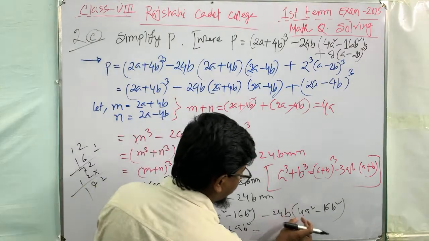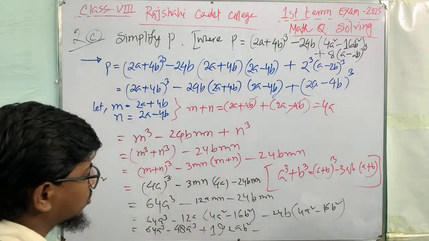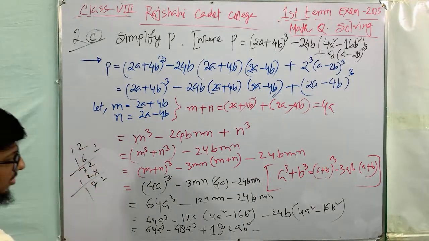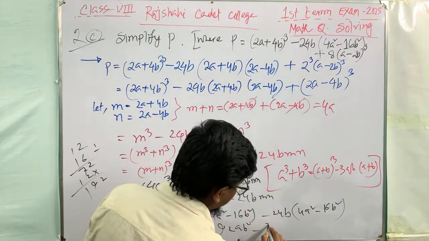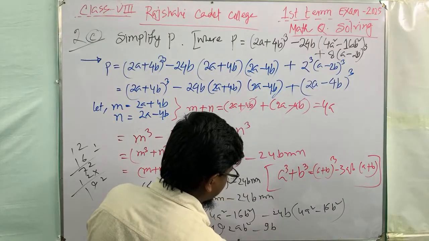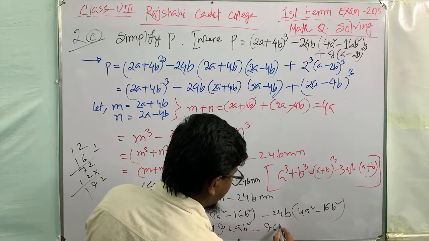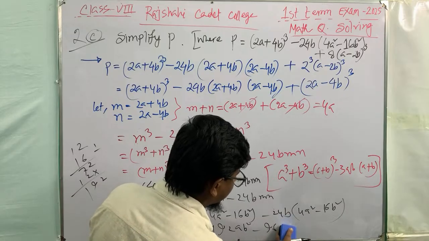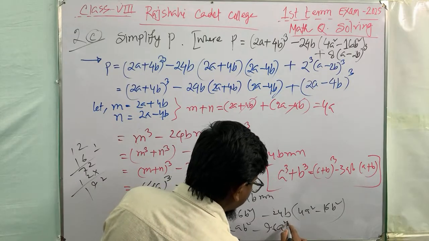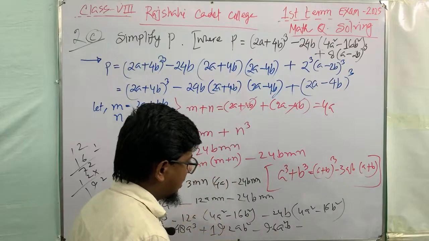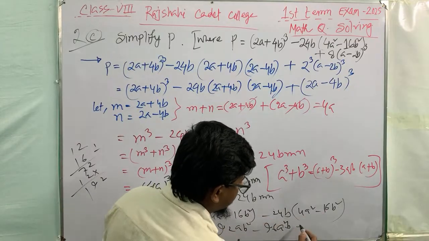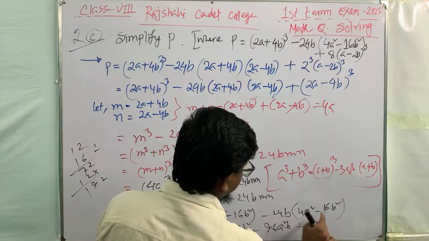Minus we have 24 times 4, that is going to be 96. 24 times 4 is 96. 96 b a square. So let's just write a square b, 96 a square b. And then we have minus times minus will be plus. 24 times 16.